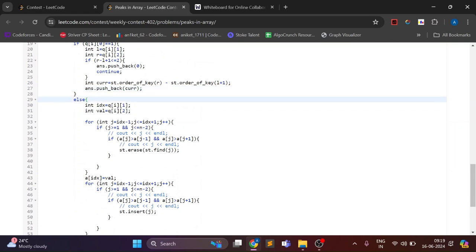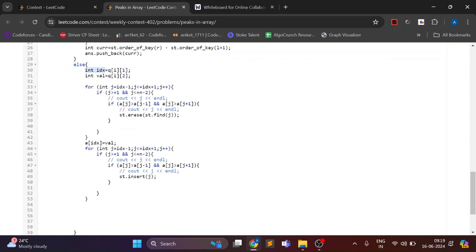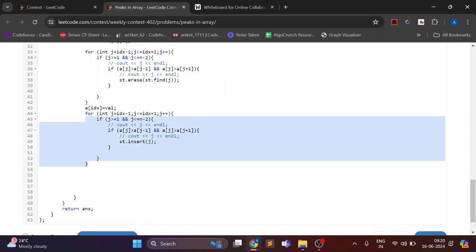And if the query is of the second type, that means I am updating an index value. First I will iterate over 3 elements, that is idx minus 1 to idx plus 1. This condition is necessary because it cannot be first or last. First I will erase them, then update the value at the index, then again insert if there are any peaks created.